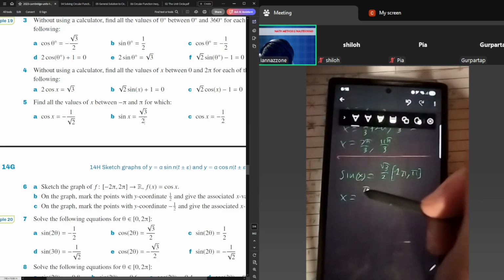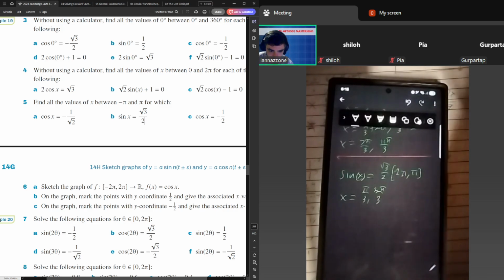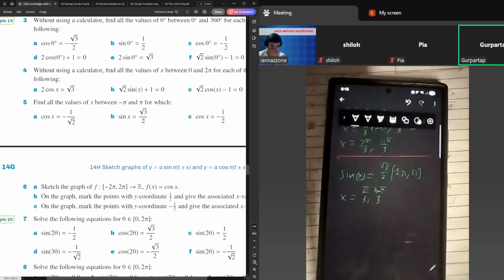X equals pi on 3, 2 pi on 3. What else do we have to do to continue? Do you need to figure out how many revolutions you have to add? Correct. Yeah, so what we've just done now, how far around the unit circle have we gone?